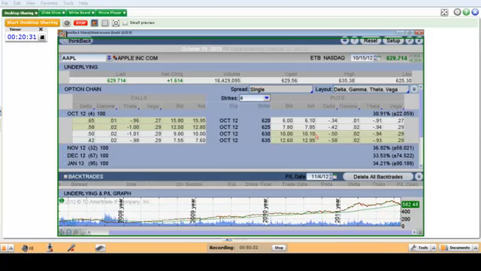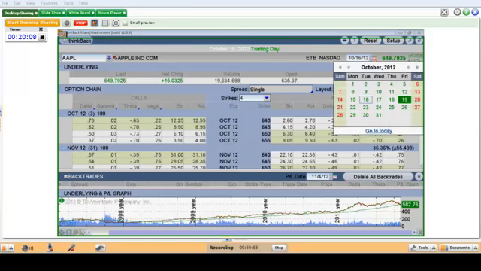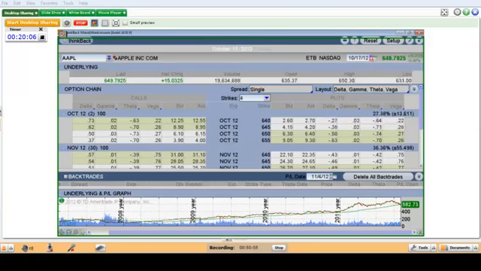Let's see. The Vega of the at the money option, okay? So the one, see the difference in color right there? And then what we'll do is we'll step forward. It expires on the 19th. Okay.